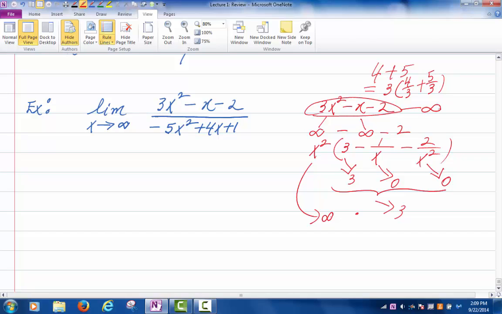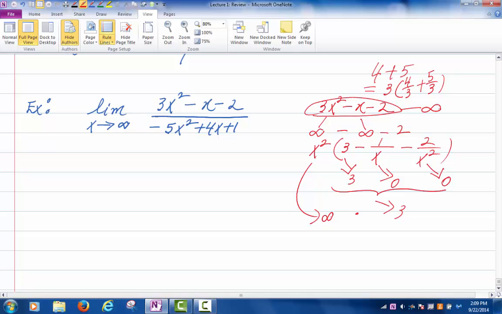Infinity. So the behavior of a polynomial function as x goes to infinity or negative infinity is determined by the dominating term. You can remember that: the behavior of a polynomial function when x is big is determined by the dominating term.